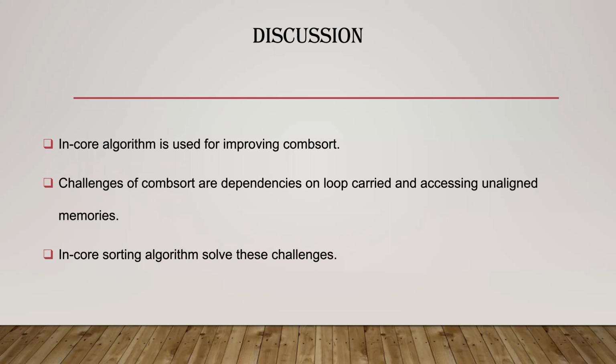The main aim of using the in-core algorithm of AA sort is to help improve the comb sort. Comb sort is featured to be an extension of the bubble sort. Bubble sort is a sorting approach that compares each element to the next element and swaps them if they are out of the sort order.